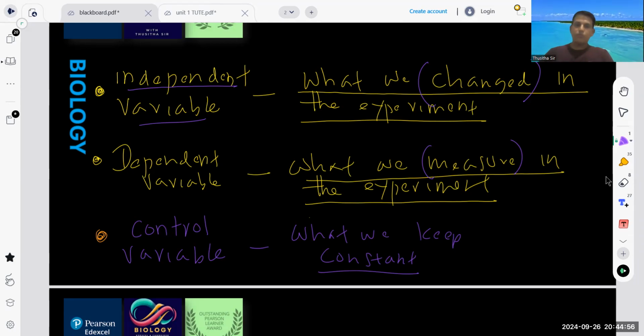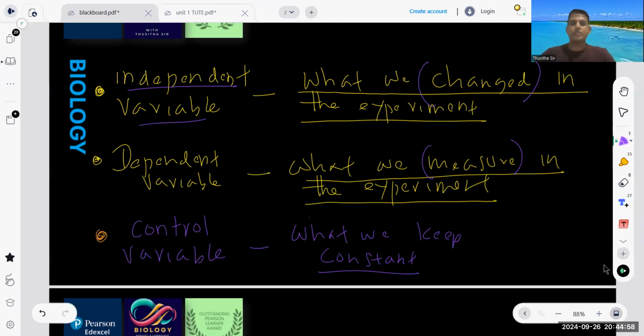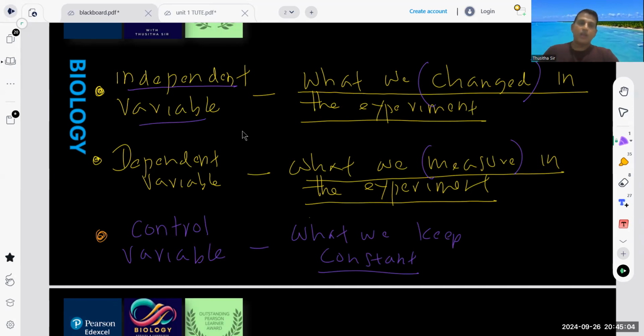Right now, I give a small exercise. If you copy this into a notebook, I will give a chance to identify the independent variable of that experiment.